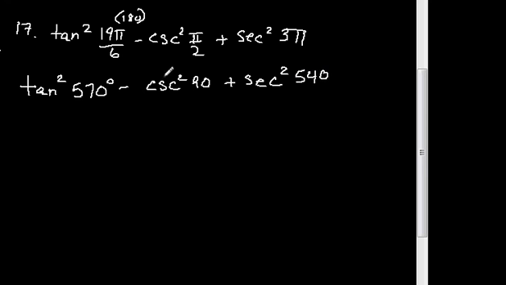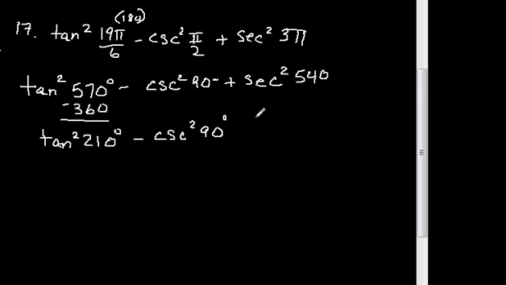Now we want to get these in the 360 range, so I'm going to subtract off 360 from these. So we're going to get 210, so this is going to be tangent squared of 210. This is going to be the same, cosecant squared of 90, and if I subtract off 360 from that one, we're going to get secant squared of 180.